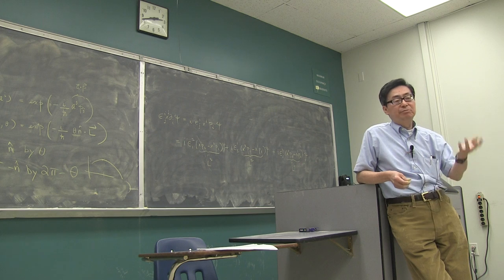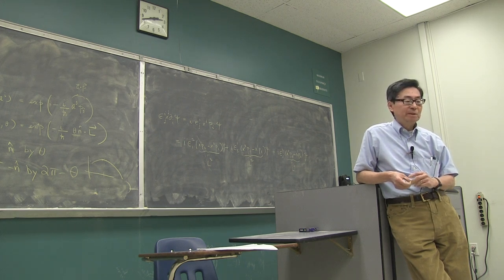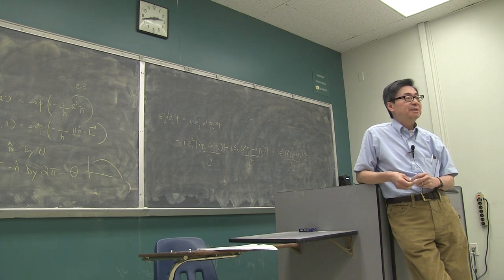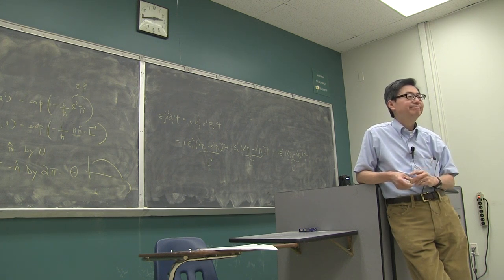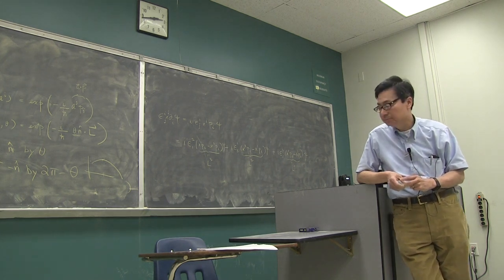Okay, so the periodic functions space is countable because the basis vectors can be counted: sine x, sine 2x, sine 3x, cosine x, cosine 2x, cosine 3x, and so on and so forth. You can count those. Okay. But in general, we are talking about infinite dimensional Hilbert spaces in quantum mechanics.